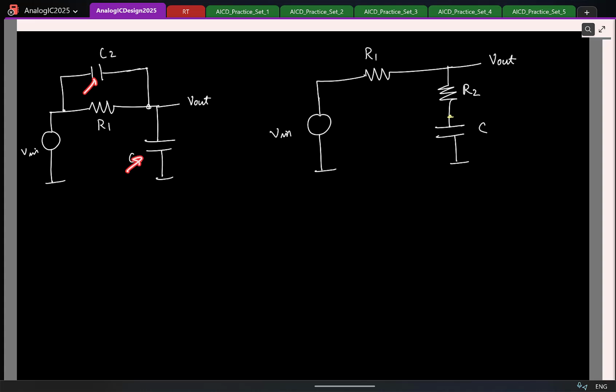Let us say I try to short C1, I'll make C1 go to infinity. So I'm shorting C1. What happens to the output? But let us say I take the other capacitor C2 and short it. Is my output 0? No. So which means I have 1 0. I can also check if I have two zeros. I try to short both of them simultaneously, the output is 0. So I don't have two zeros. So I just have 1 0.